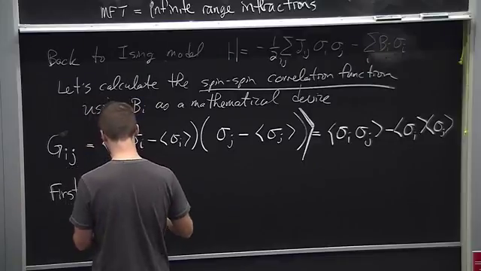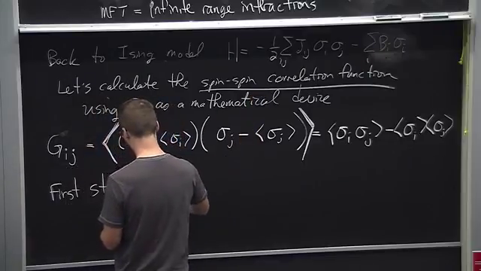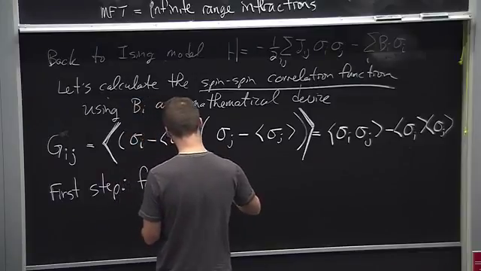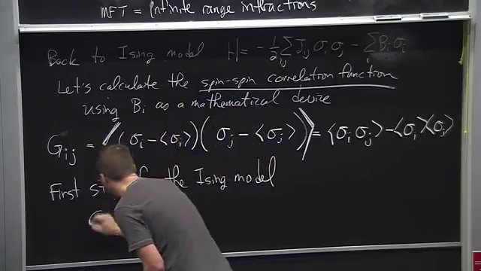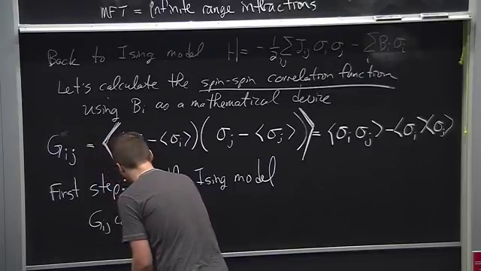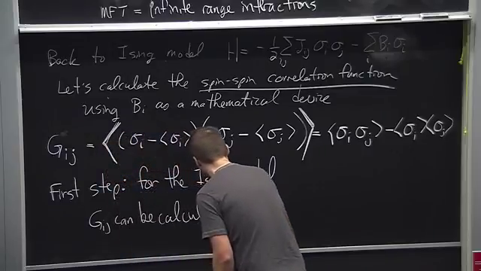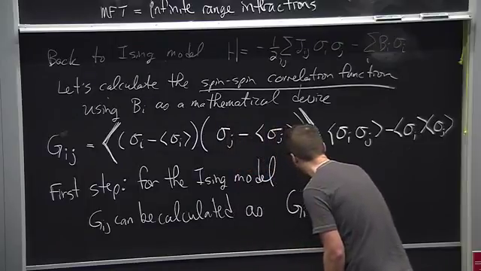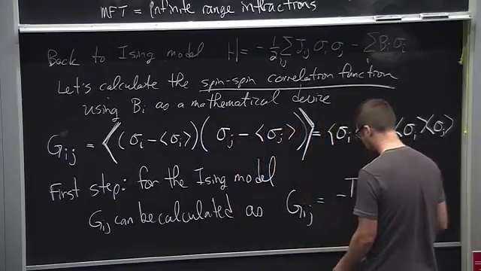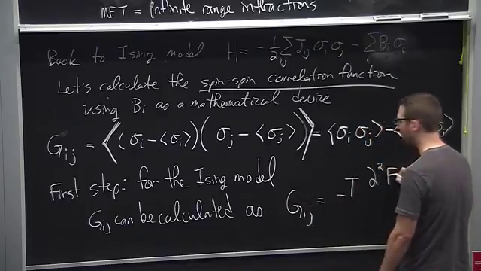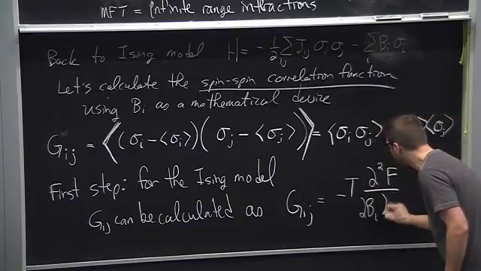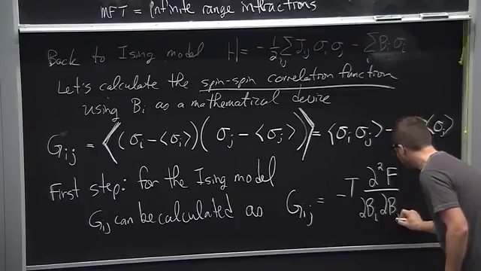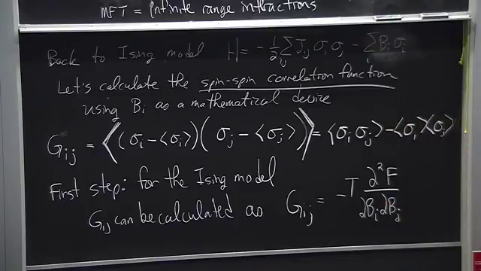That for the specific Ising model, I can write Gij as a second derivative of the free energy, where each partial derivative is taken with respect to the fields, respectively at site I and j.